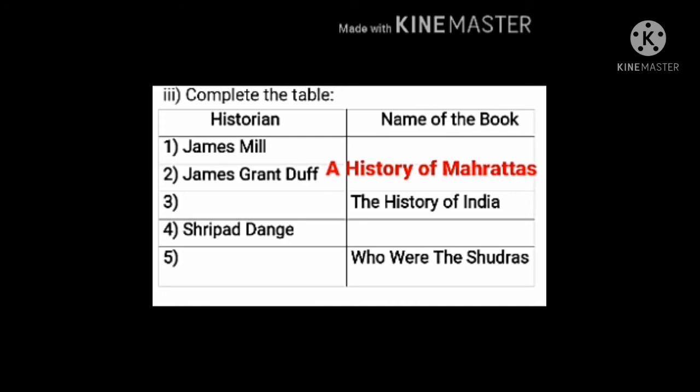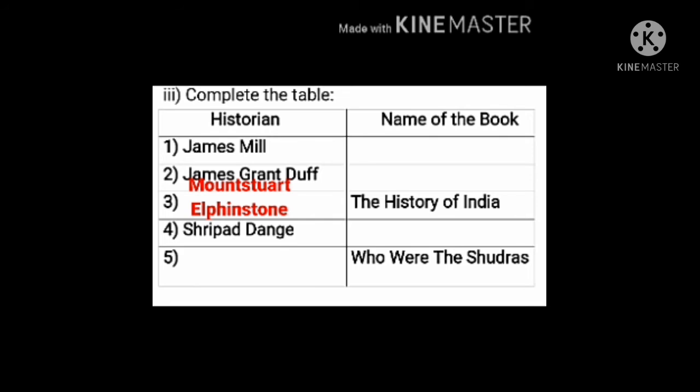James Grant Duff has written the book on Maratha history. So the book name is A History of the Marathas. Third one, the book name is given, The History of India. The book History of India was written by Mountstuart Elphinstone. So write down the name of the historian, Mountstuart Elphinstone.